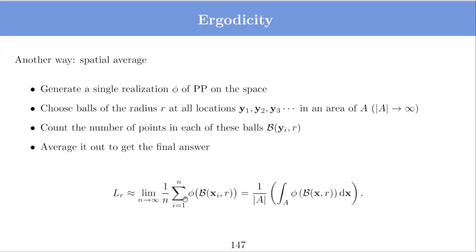So if you have taken n balls, you just add the number of points in all these balls and divide by n. As you increase n tending to infinity, you expect to get the average number of points per ball.